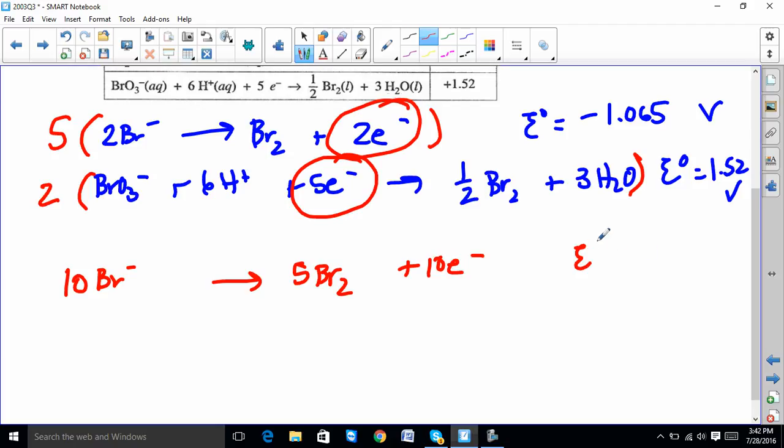But remember, when you multiply, the cell voltage does not change because it is an intensive property. It does not depend on the amount of matter present. And so when you multiply, you don't multiply this, one of the few times.